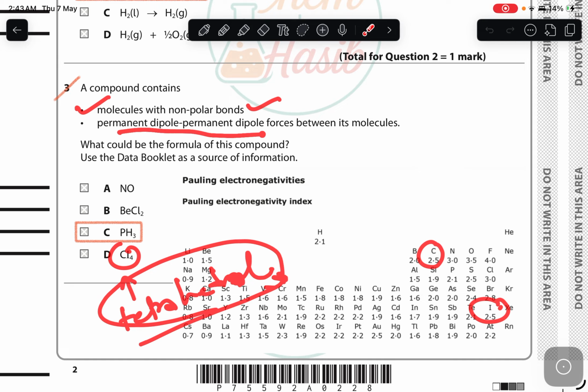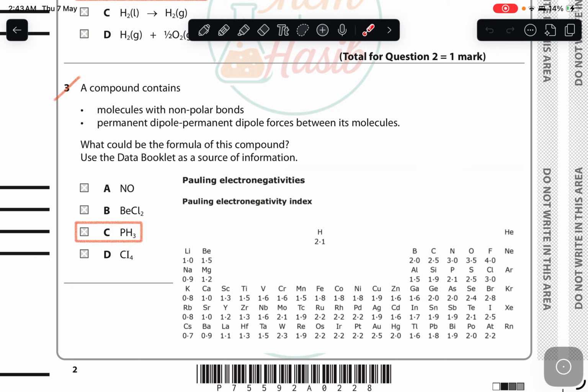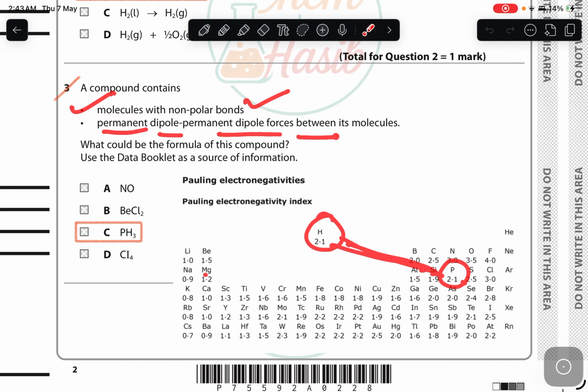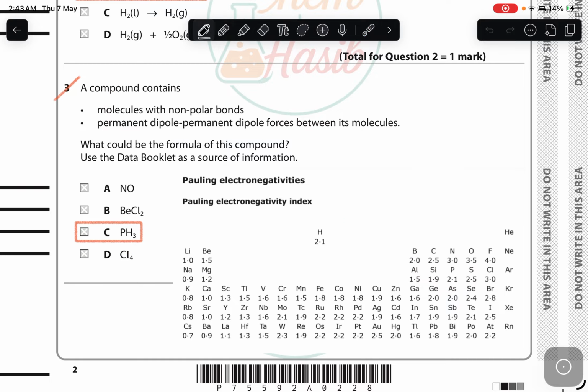Now in case of PH3, phosphorus is 2.1 and hydrogen is also 2.1. So they don't have a difference in electronegativity, so these are molecules with non-polar bonds. So the first criteria is met. The second criteria says it has permanent dipole forces between its molecules.